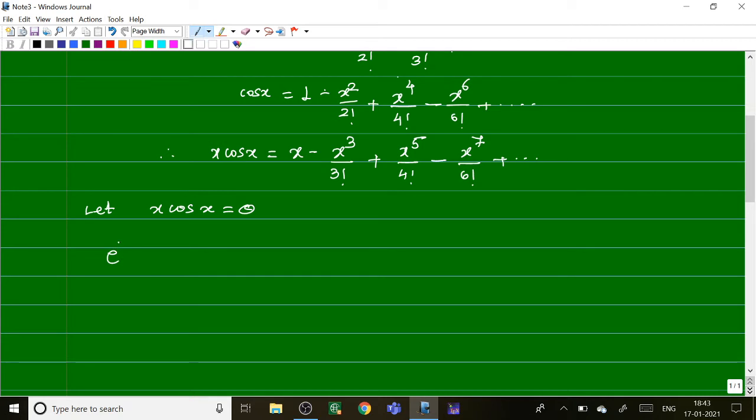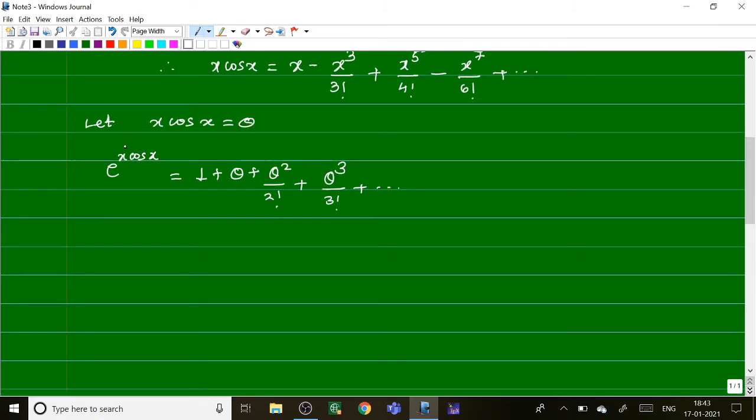So e raised to x cos x will be 1 plus theta square by 2 factorial plus theta cube by 3 factorial and so on. This theta comes in because I am treating x cos x as theta, so this is in terms of theta. Now I am going to replace theta by my original x cos x.